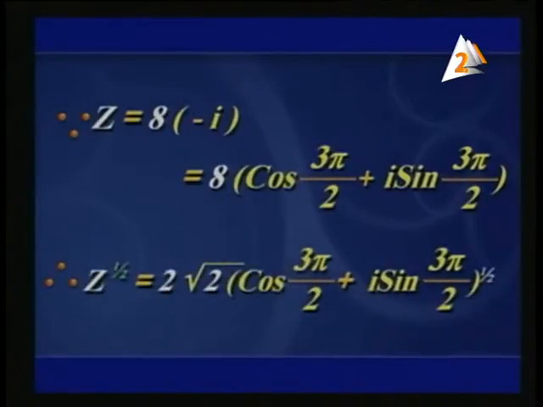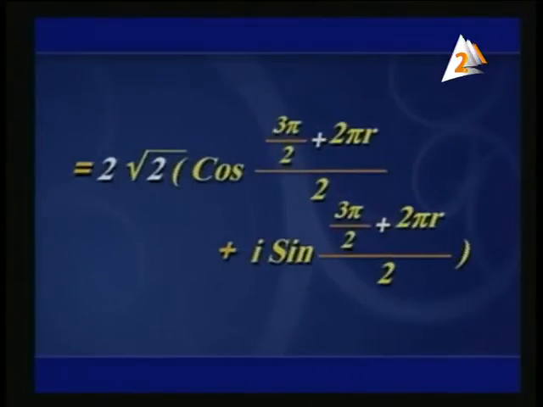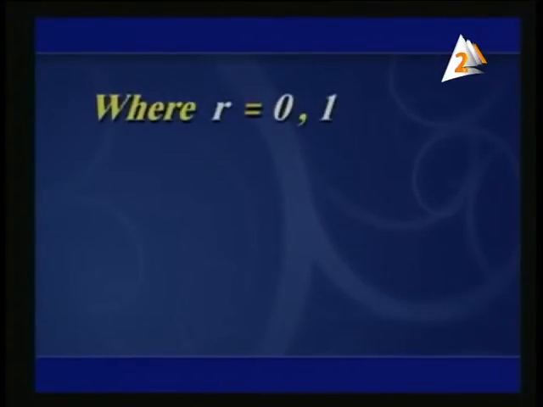Then z to the power half equals 2 root 2, which is the square root of 8, (cosine 3 pi over 2 plus i sine 3 pi over 2) all to the power half, which equals 2 root 2 (cosine of (3 pi over 2 plus 2 pi r) over 2 plus i sine of (3 pi over 2 plus 2 pi r) over 2), where r equals 0 and 1.